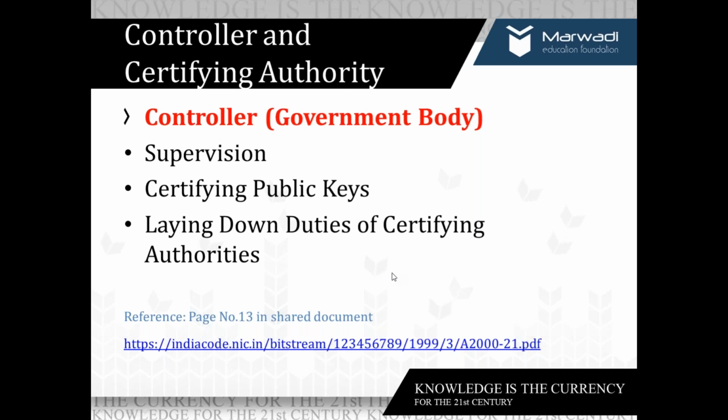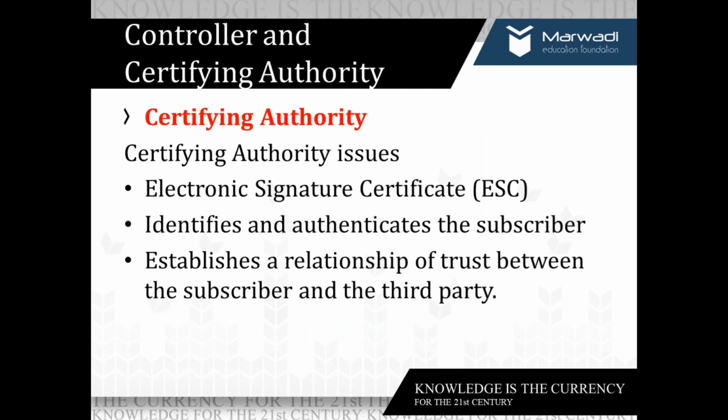We will see the certifying authority, a very important entity of e-governance, right? So who is the certifying authority? Actually, they will work under the controller. The controller, as we all know, is the central government, a government body.